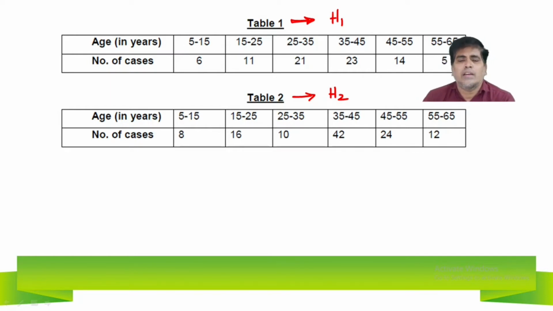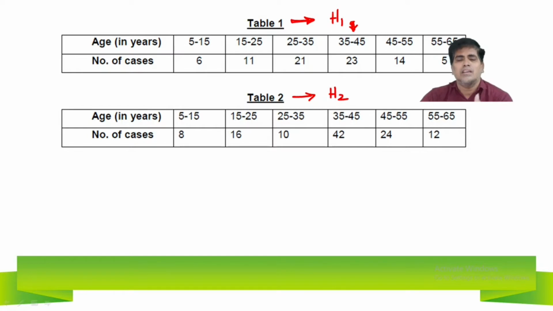So in hospital number 1, which age group of corona patients is affected more? Here it is the 35 to 45 group that is affected more.